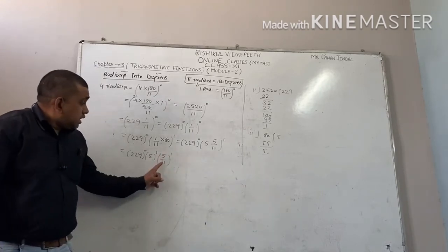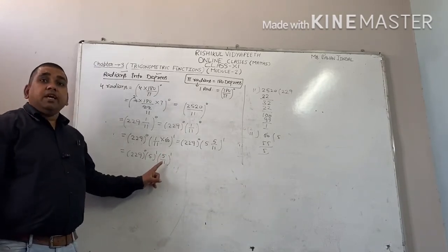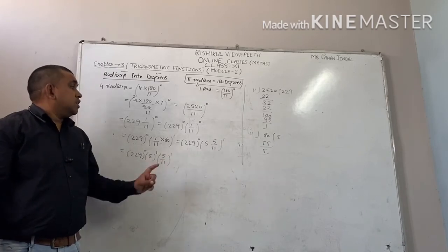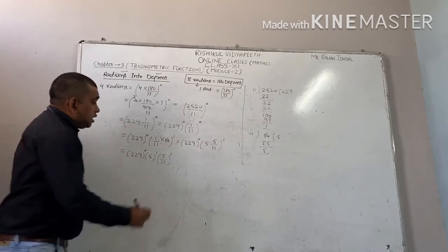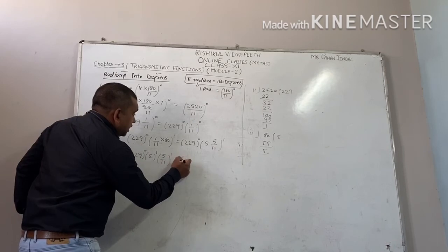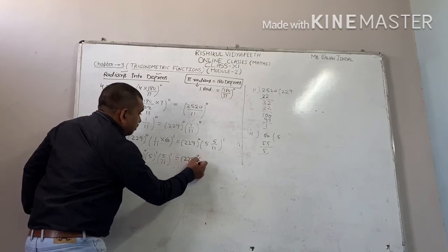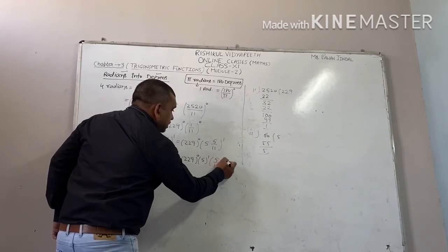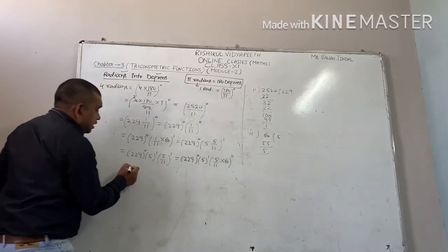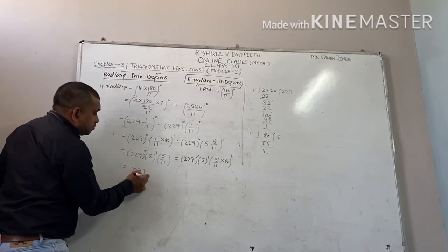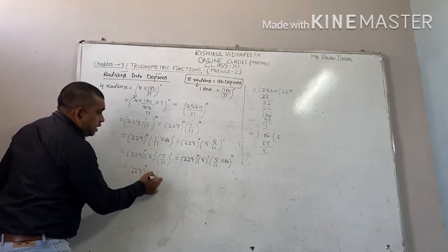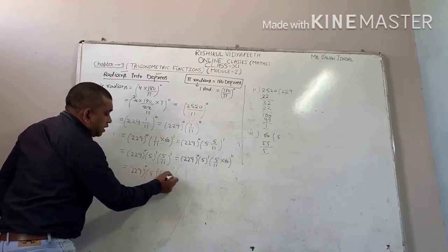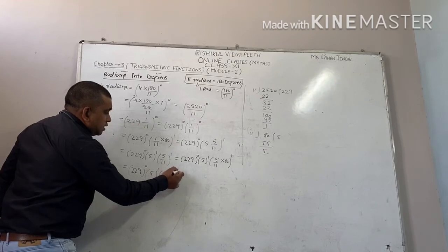Now convert this fractional term 5 by 11 into another smaller unit. That is your second. How will you convert it into second? Multiply by 60. 5 by 11 into 60. This much second. This is your 229 degrees, 5 minutes, 300 upon 11 seconds.